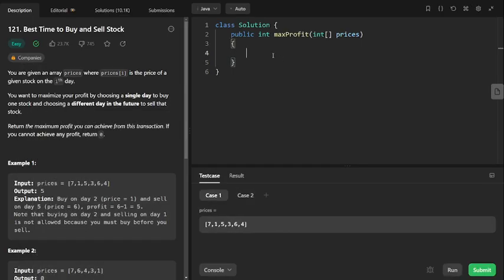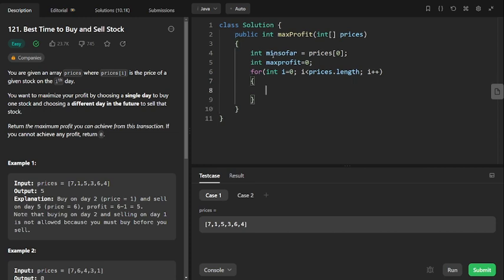Now let's see if we are able to write the code. So int min so far is equal to prices of 0. Okay, good. Means prices of 0, first element. Int max profit is equal to 0. Good. Then for int I is equal to 0, I less than prices dot length, I plus plus.